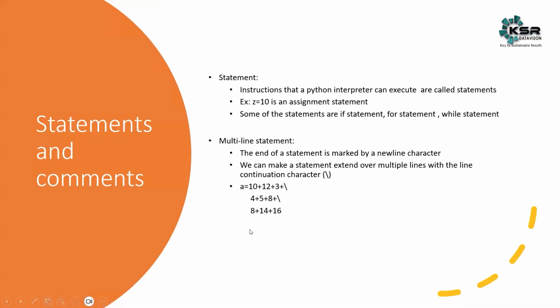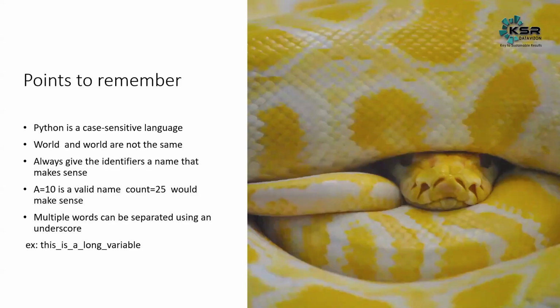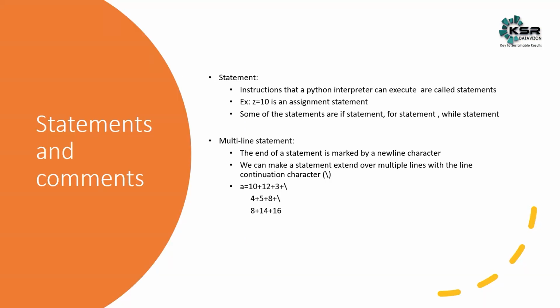Okay. Now let's discuss the next topic, statements and comments. What is a statement? How do you write statements and comments in Python? For example, ABC is equal to 10. What is the meaning? We are giving an instruction to Python. Python is a lazy programming language.